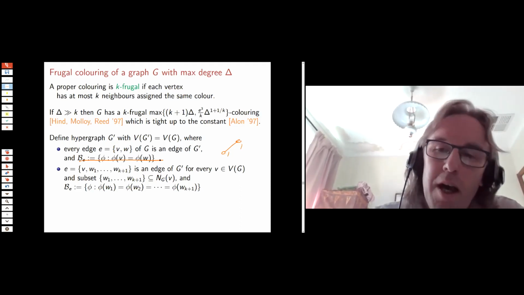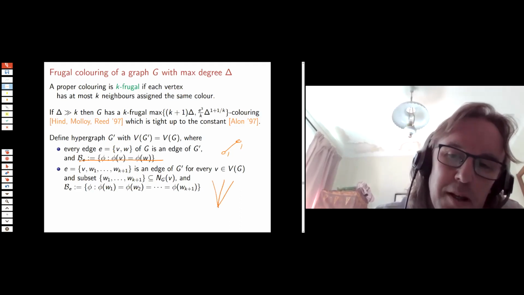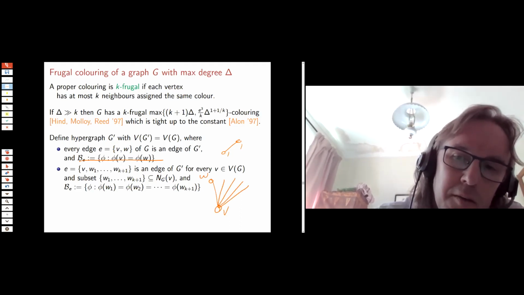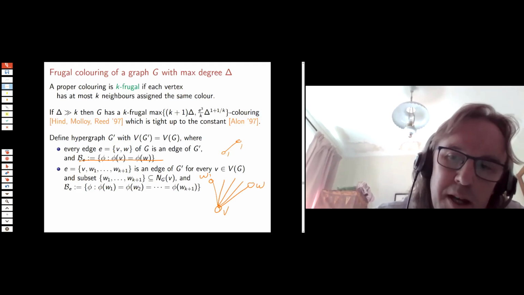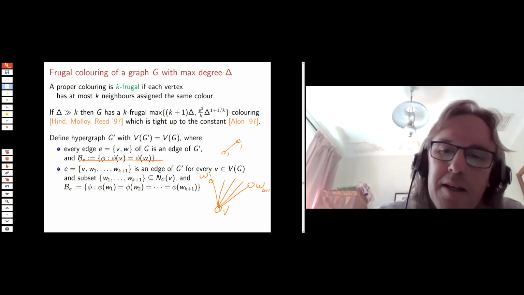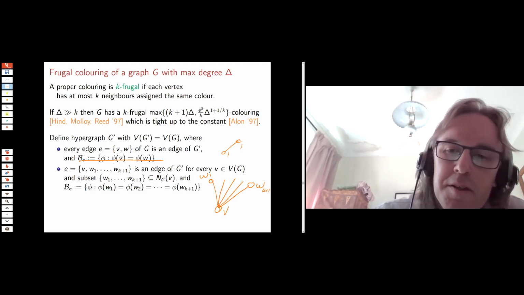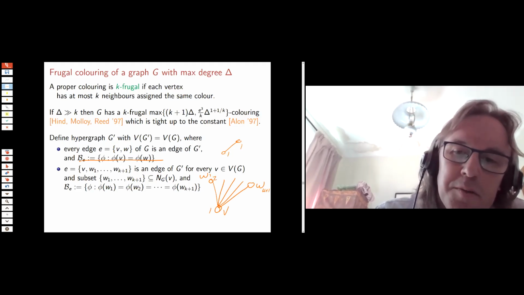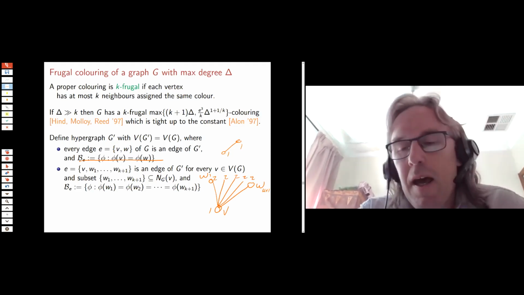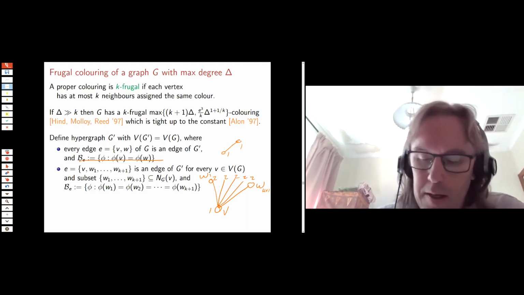But now, how do you model the k-frugal property? Well, for every vertex V and every set of k plus 1 neighbors, you have a bad coloring where this vertex is 1 and all these neighbors are 2s, because then there would be k plus 1 neighbors with the same color.